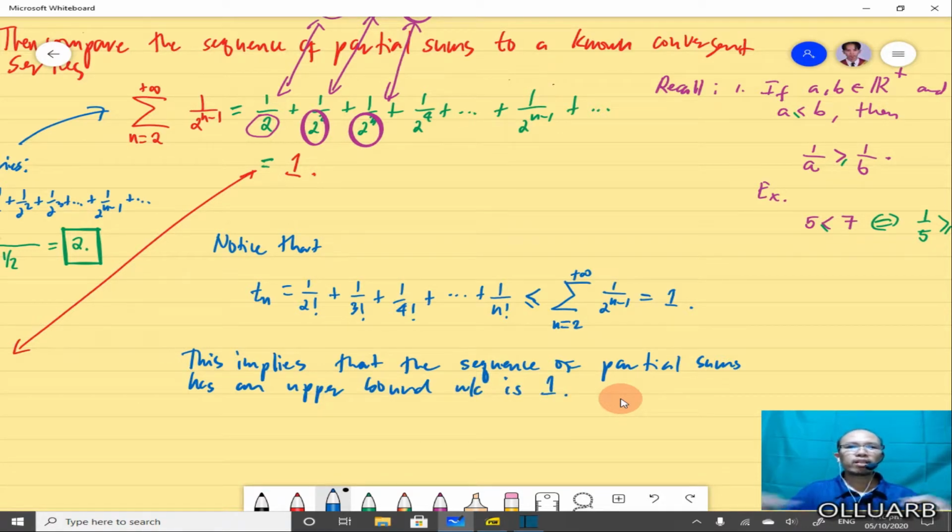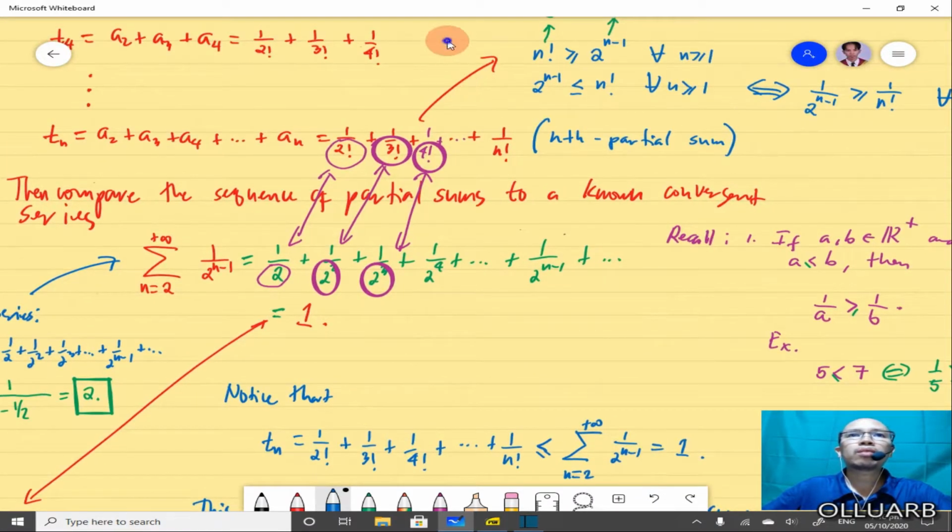But it doesn't say that the value of the sequence of partial sum is equal to 1. It doesn't say that way. It says that the upper bound of this sequence of partial sum is equal to 1.